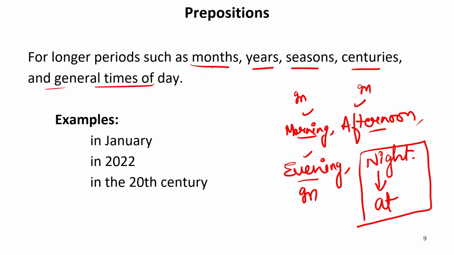Now, also for the months, years, seasons, centuries, decades, we use generally in. For example, in January, in 2022, in the 20th century. So we are using in for all these patterns or for all these time durations because these are longer periods. So you can say long periods of time or you can say long durations of time.